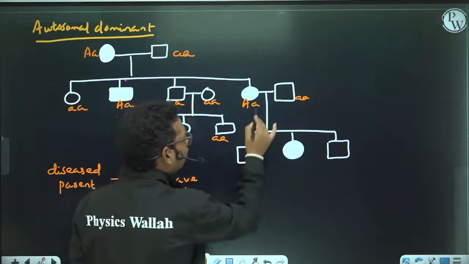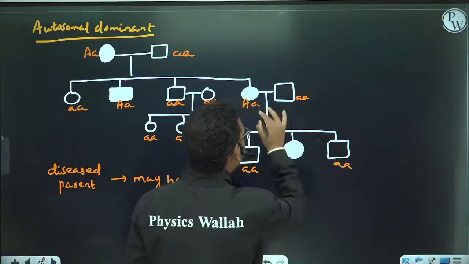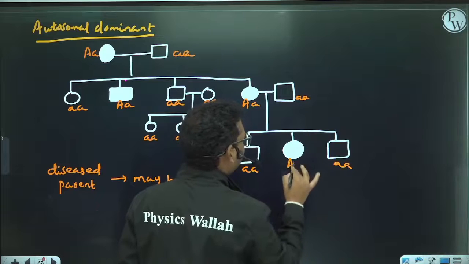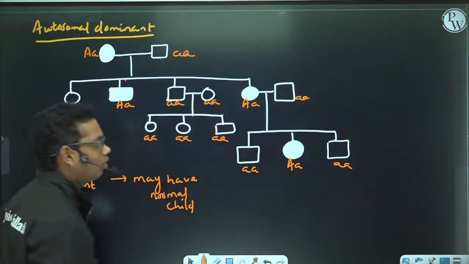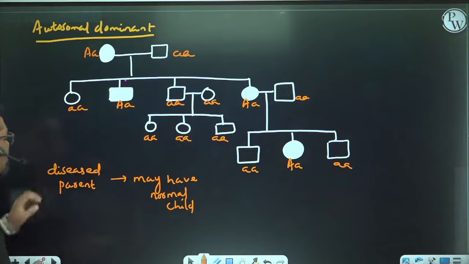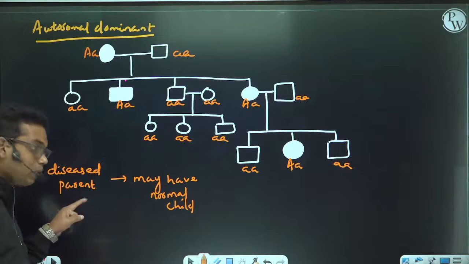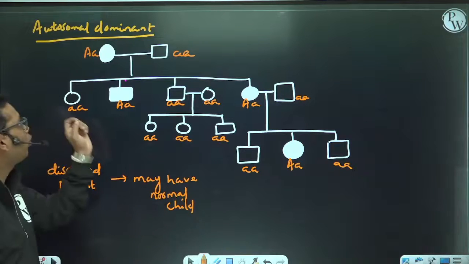And from here capital A will come, and from here small a will come, so this will be diseased. So the key point here is, if the parent is diseased but a normal child is also present, that will be autosomal dominant.